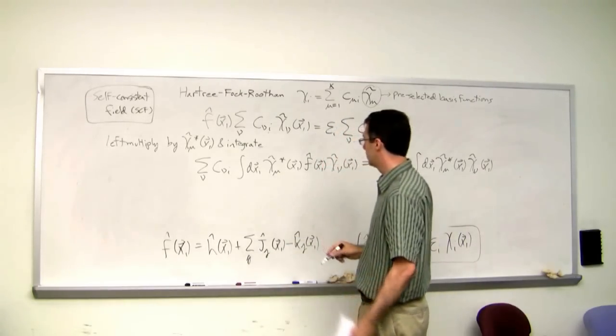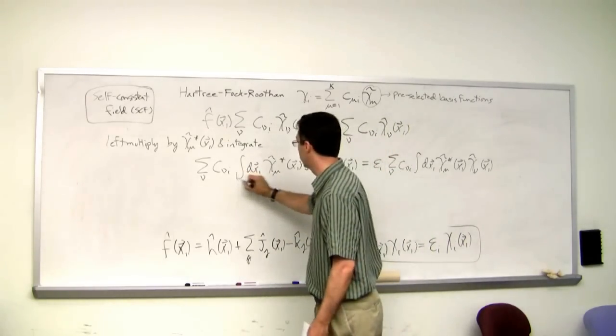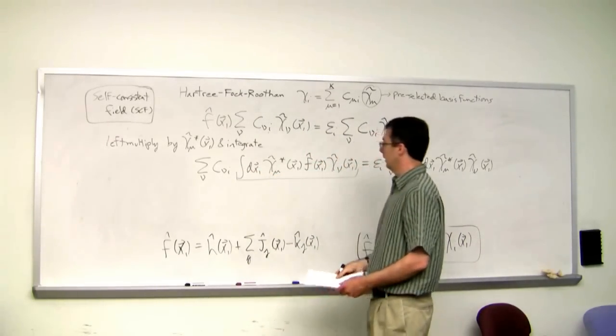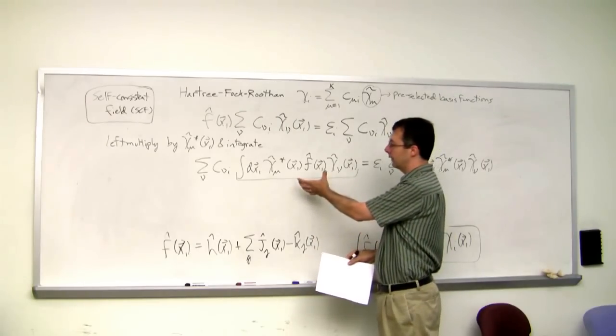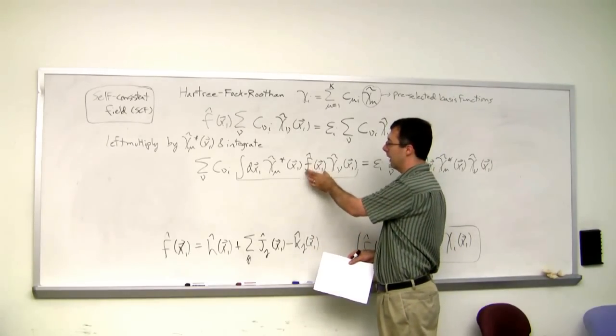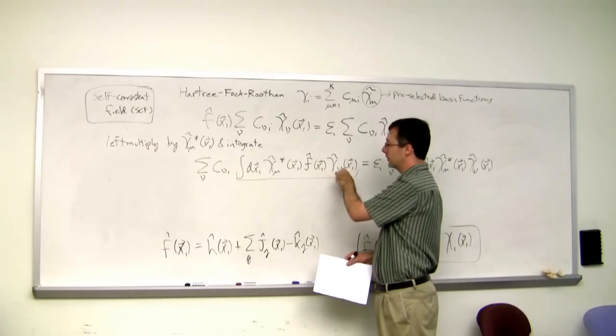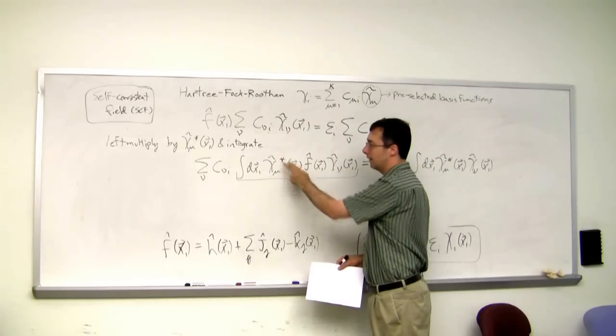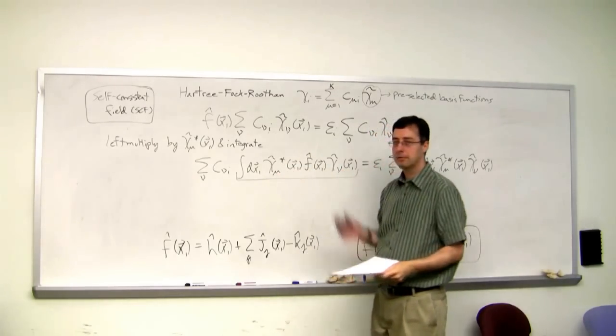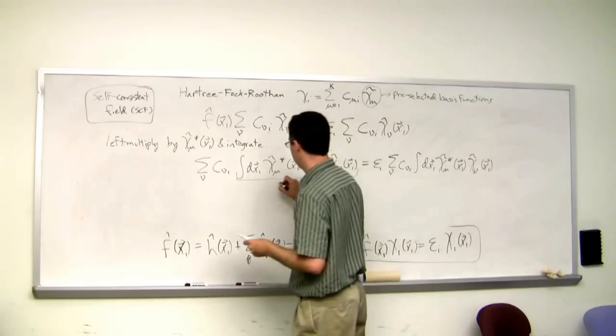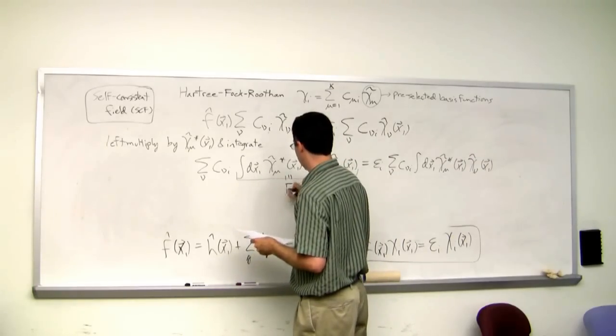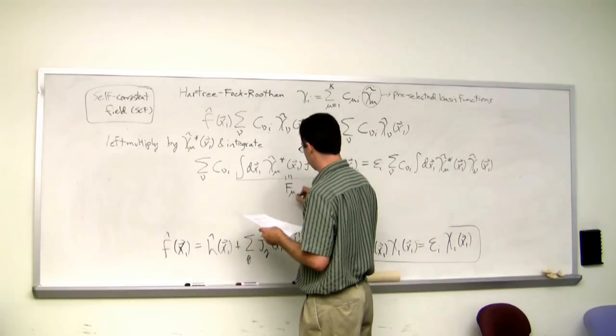Let me define some shorthand. This guy, it's a classic formula for a matrix element. I've got an operator, I've got some function on the right, I've got some function star on the left. I integrate over it. That's a matrix element. I'll switch to capital F for now, if it's okay with you.